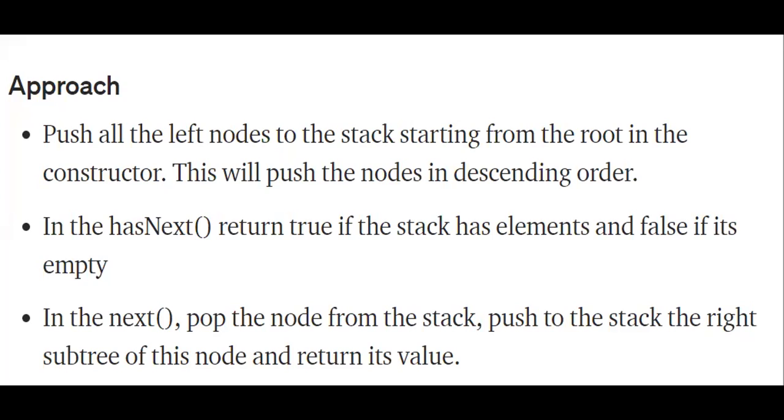In the next function, we pop the node from the stack, push the right subtree of the node onto the stack, and return the value. So in the iterative traversal, we use the next function and hasNext function.